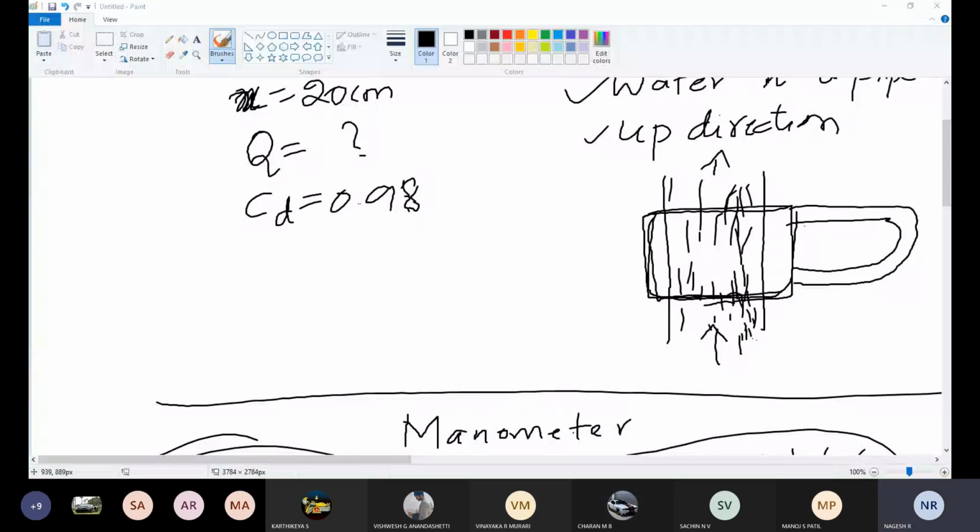Because mercury and water are given, and mercury is heavier compared to the water flowing in the pipe. Compared to water, mercury has a high specific gravity. That's why we have considered the heavier formula.